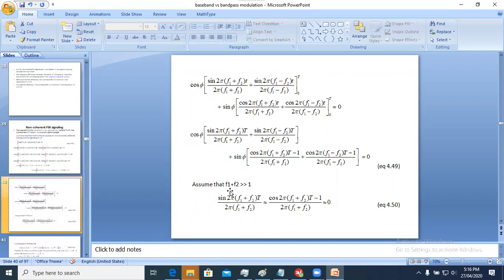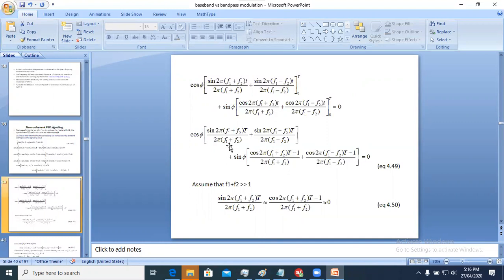Now, if f1 plus f2 is greater than 1, then cosine of 2 pi (f1 plus f2)t is equal to 0, and cosine of 2 pi (f1 plus f2)t will be equal to 1. So both these terms will be 0.